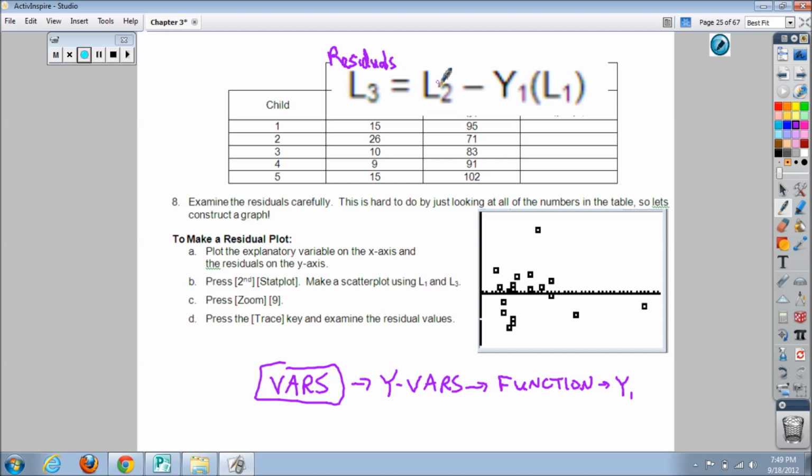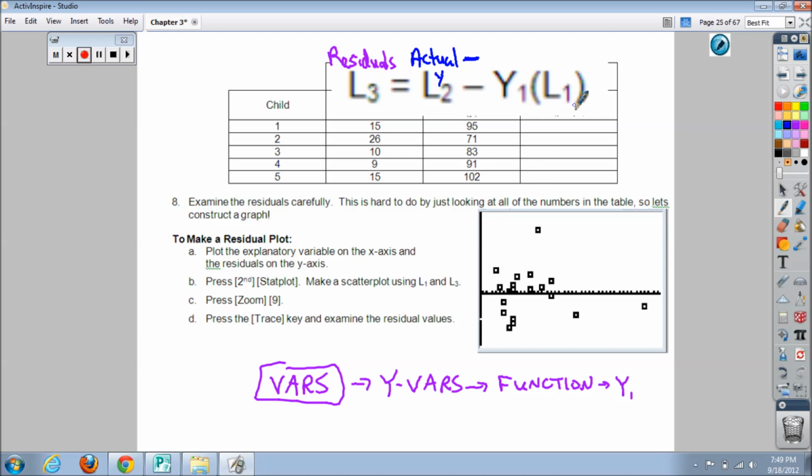The L2, list 2, if you remember, that was these numbers here, the scores that the kids actually got on that test. Those are our actual Y values. Okay? And we're going to subtract away this. And here's what was really happening.